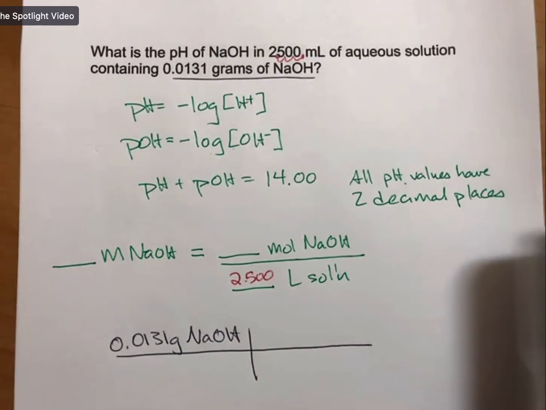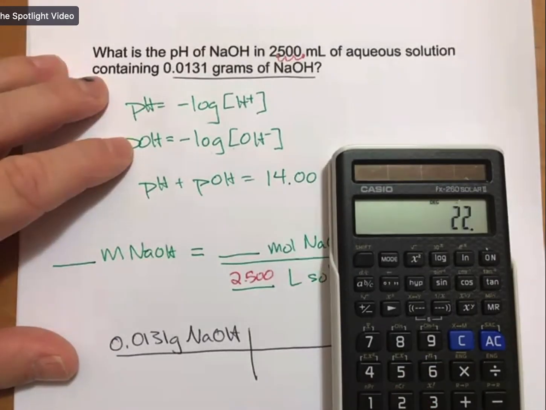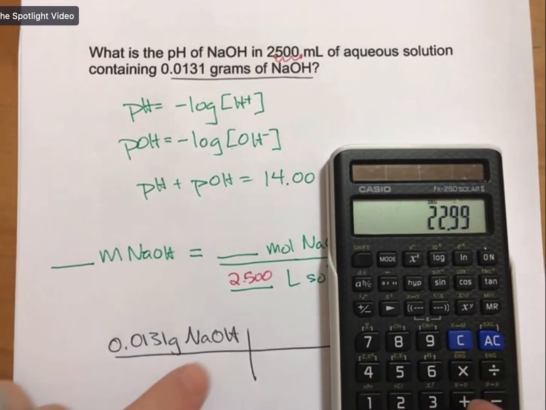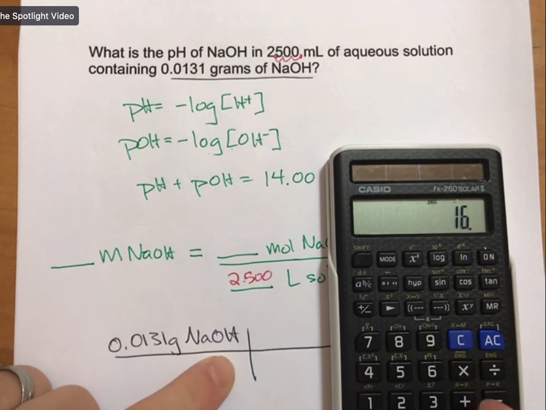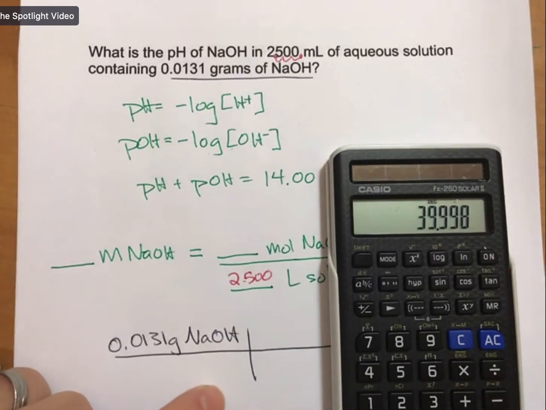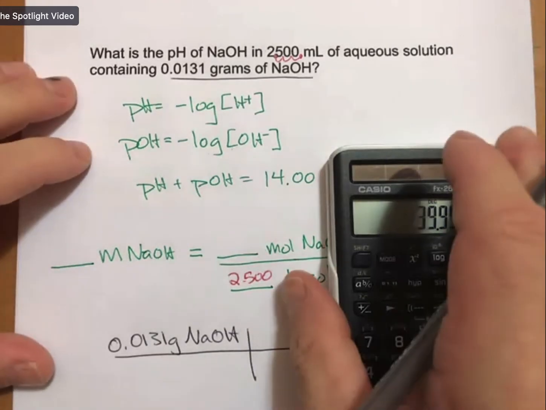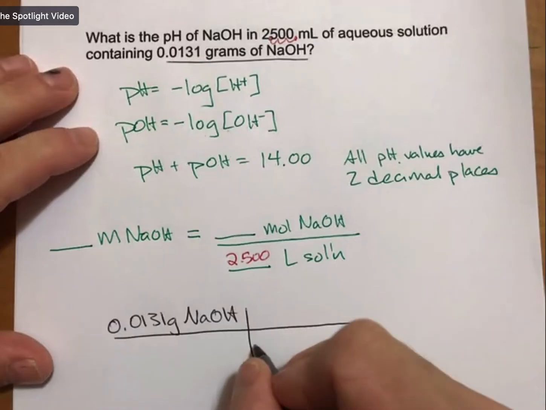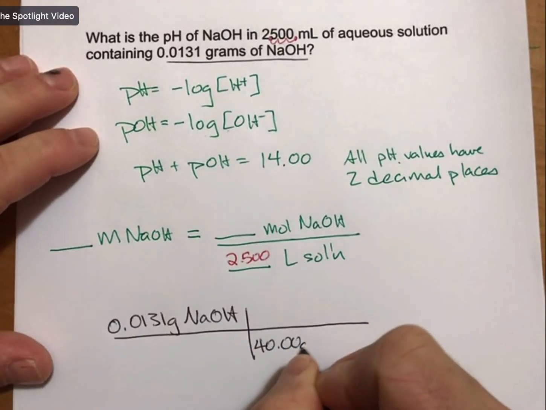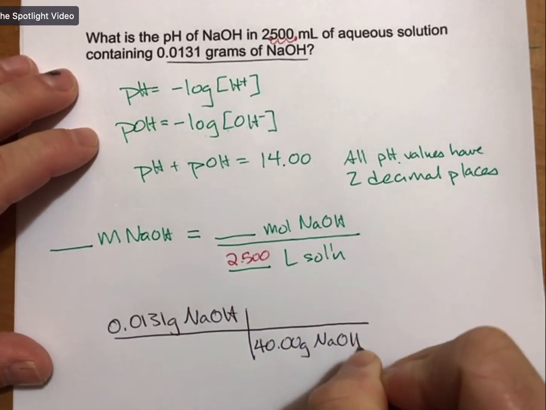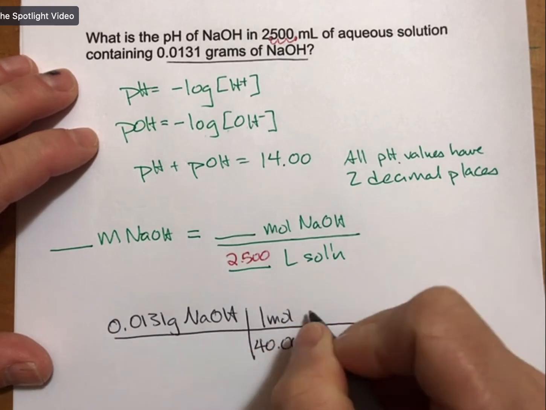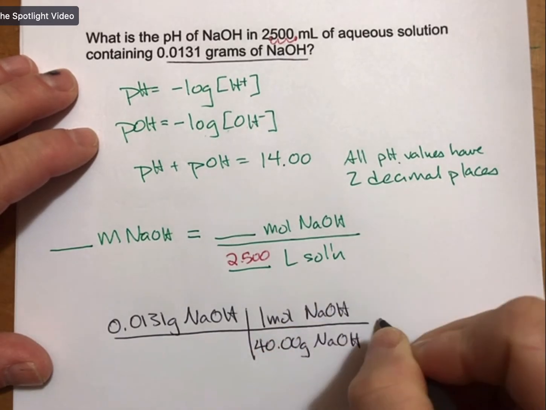Using the periodic table, so 22.99 for sodium, plus 16 for oxygen, plus 1.008, I get 39.998, which for me is going to be 40.00 per 1 mole.